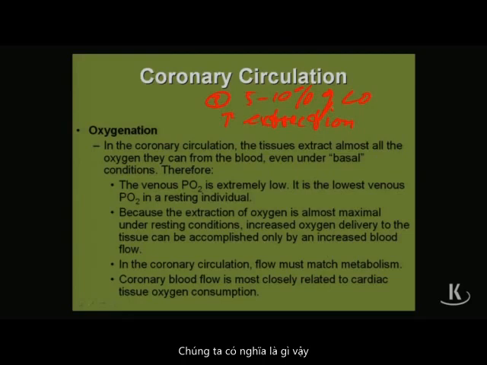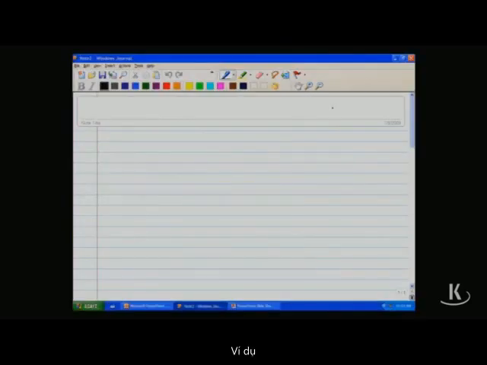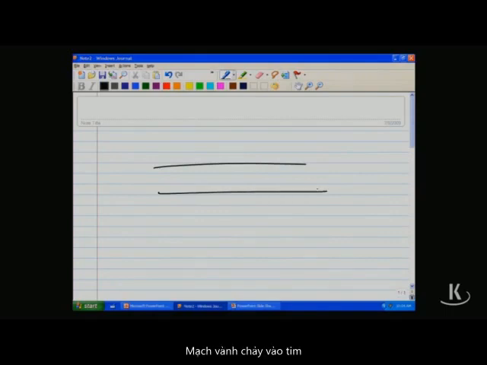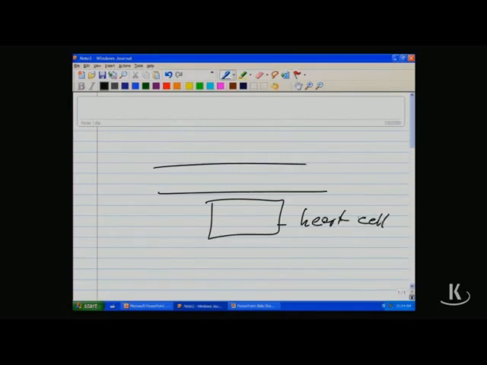What do we mean by that? For example, if this represents coronary flow to the heart, and this represents the heart cell, blood is going in. This is the coronary artery, and on this side is the coronary vein.